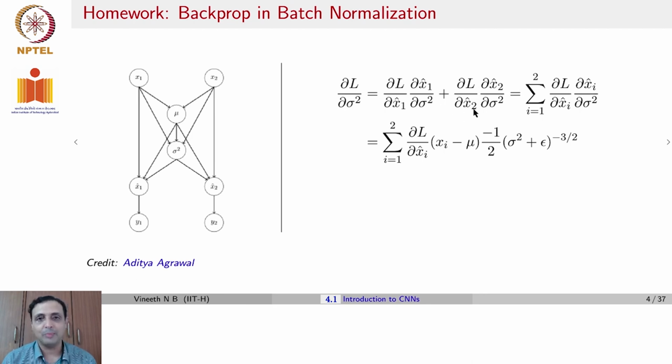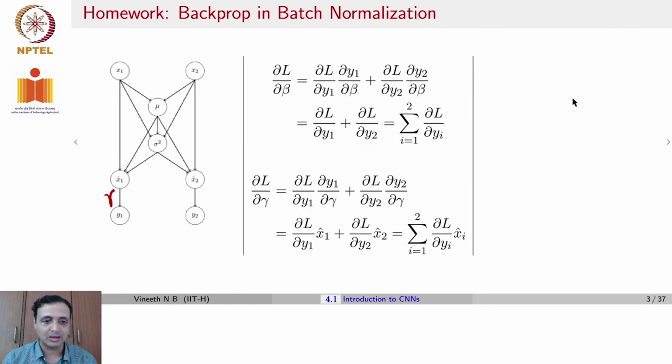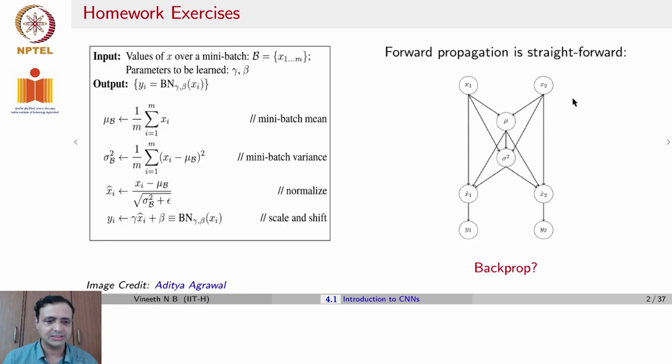So you have ∂L/∂x2 hat into ∂x2 hat/∂sigma square, and it's written as a summation. The main term that we need to evaluate here is ∂xi hat/∂sigma square, which is found by the gradient of the form of xi hat itself. Let's go back a couple of slides and see what that is.